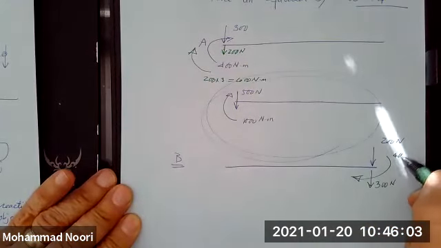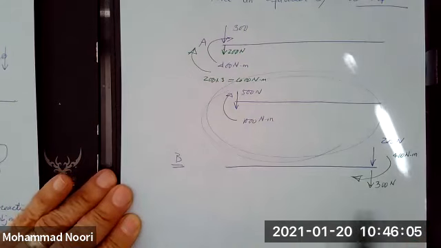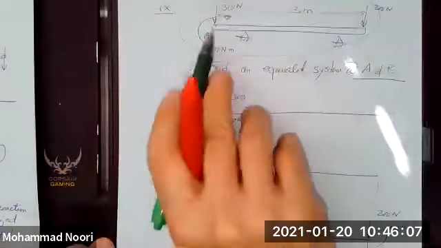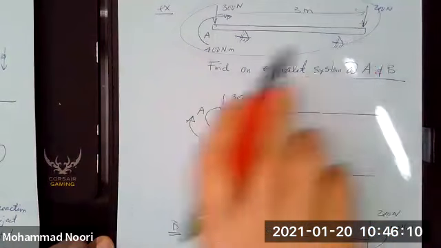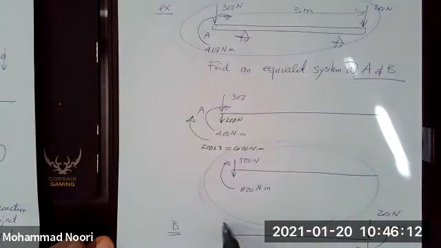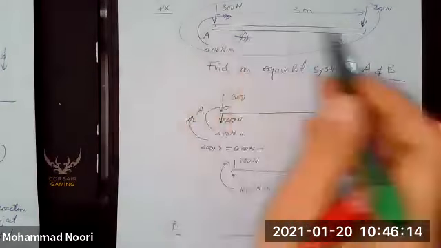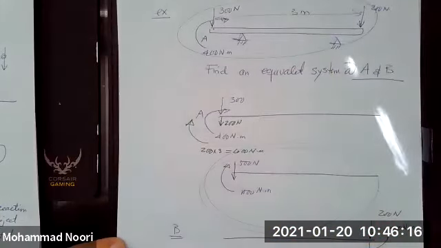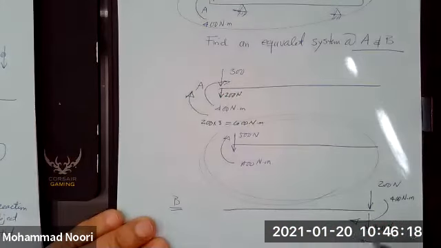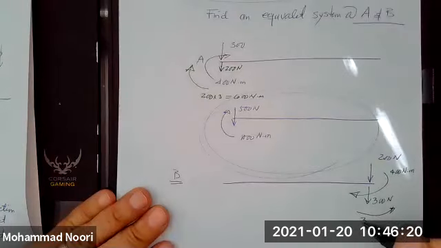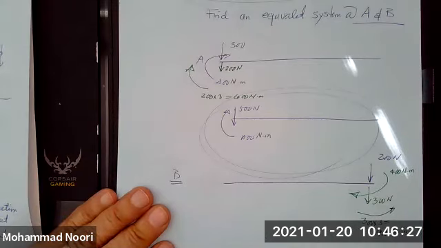So that was that 400 Newton meter. But by moving this force to here, I need to put the moment that this force generates about this point, and that would be in the opposite direction, and that would be 300 times 3 or 900 Newton meter.